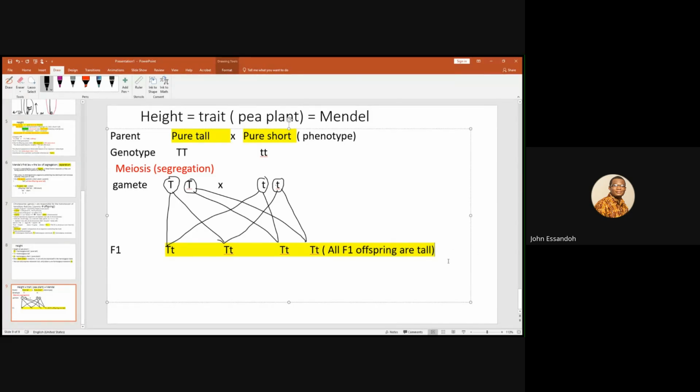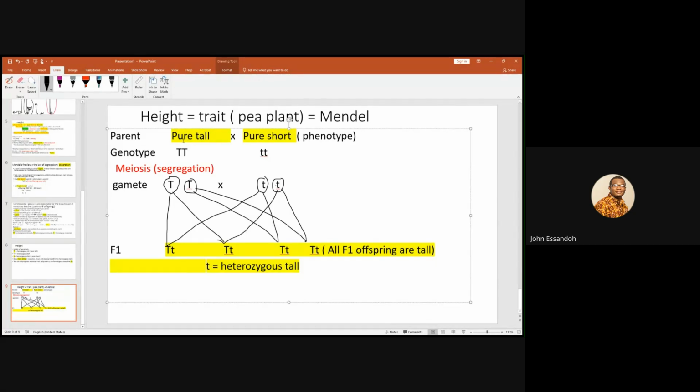What sort of tall are they? They are heterozygous tall. So Mendel was right that all the F1 generation came out to be tall, which is true. We have done this with modern terms and realized that.